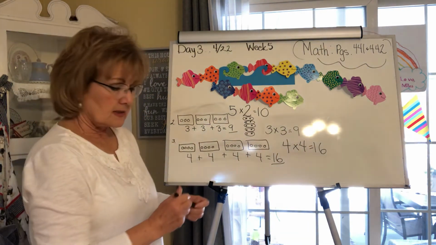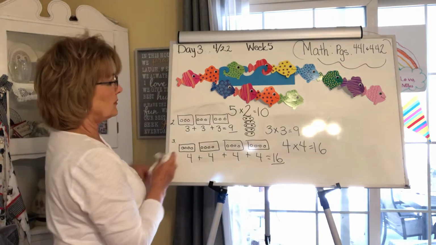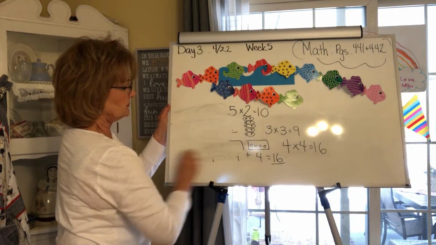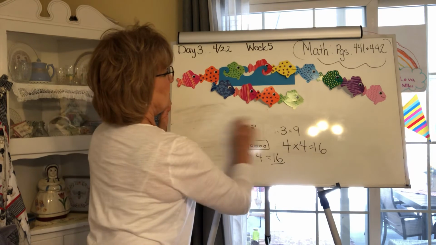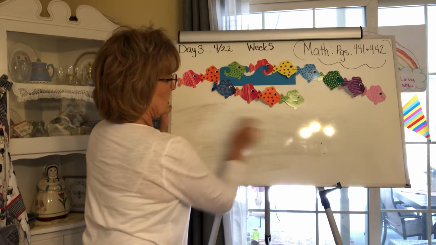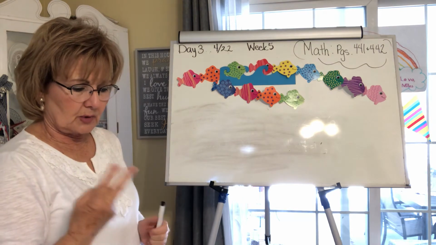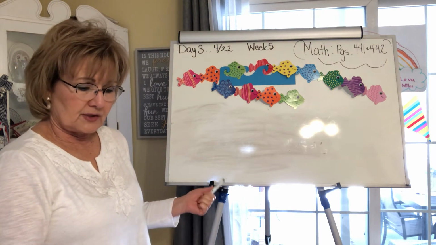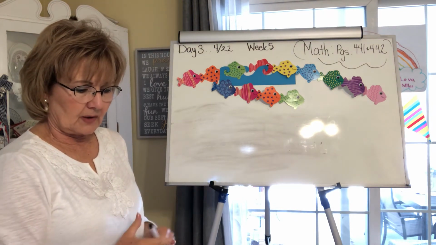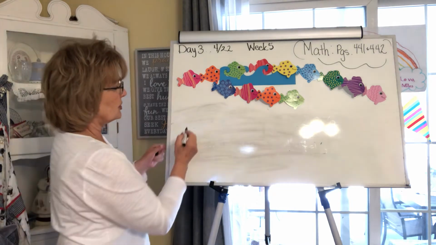Okay, so for number 4, speaking of 4, it is a word problem. Let's read. Sam has 2 bowls of cherries, 4 cherries in each bowl. How many are there? Draw a picture.